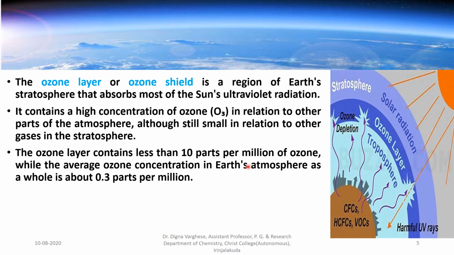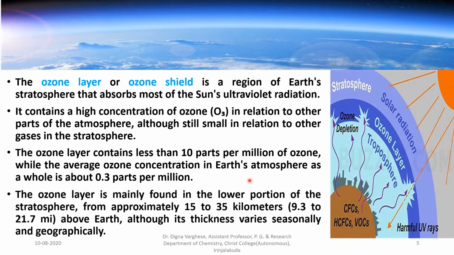The ozone layer contains less than 10 parts per million of ozone, while the average ozone concentration in Earth's atmosphere as a whole is about 0.3 parts per million. The ozone layer is mainly found in the lower portion of the stratosphere, from approximately 15 to 35 kilometers above Earth, although its thickness varies seasonally and geographically.